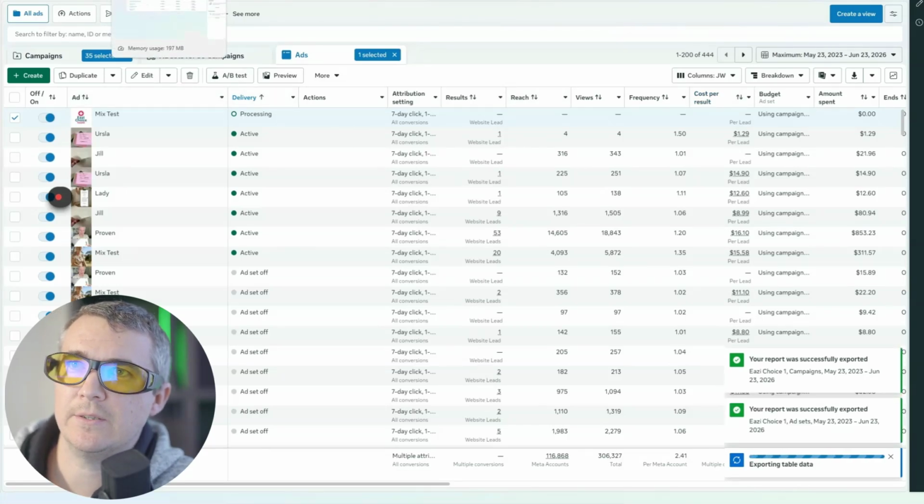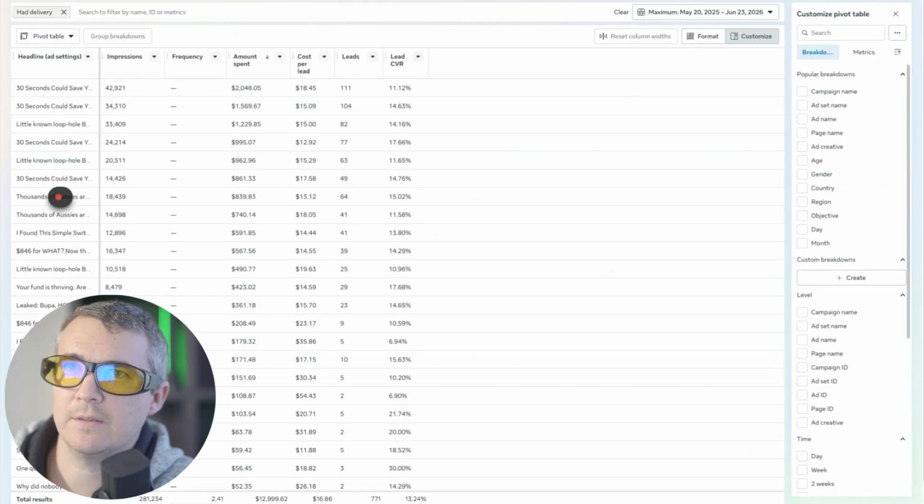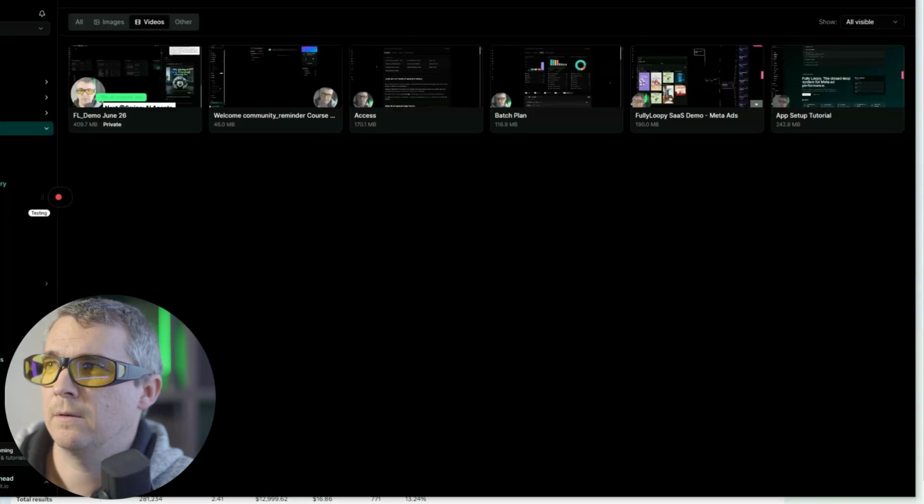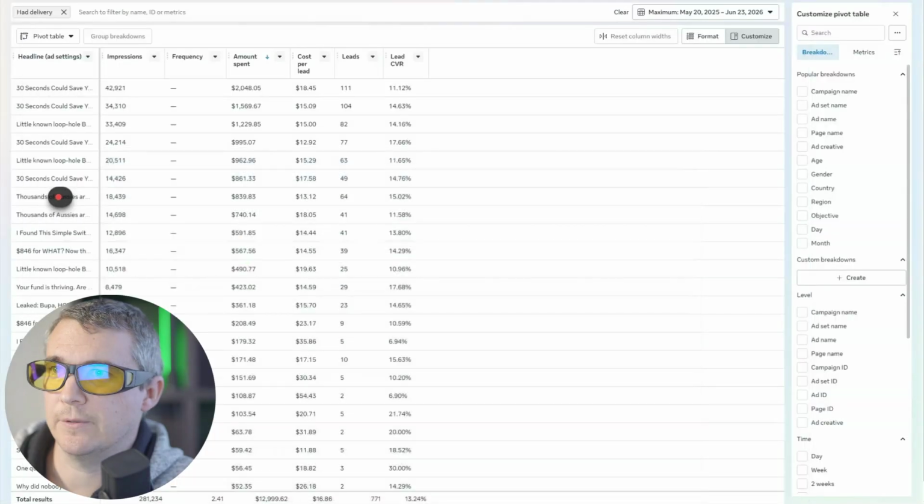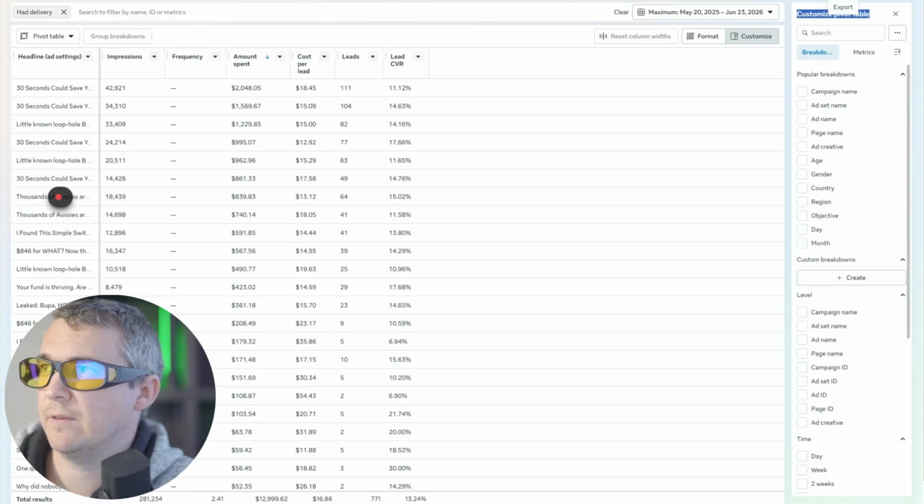Now I do like to go a little bit further here, and I've got ad reports broken down to the headlines, right? I'm just showing my software at the same time. If I go up to the top here, just above this is an export.